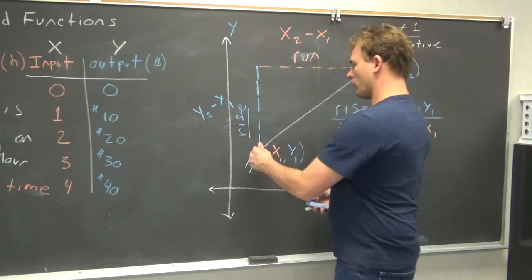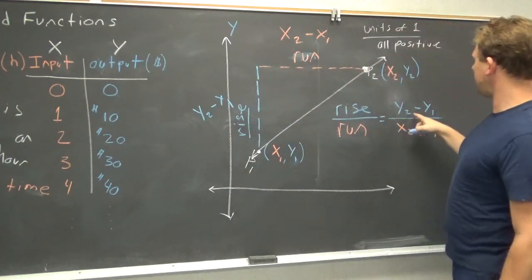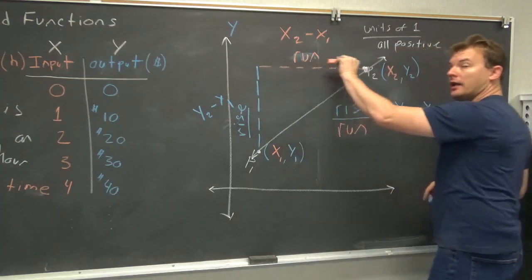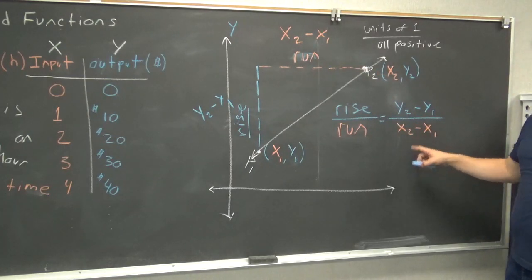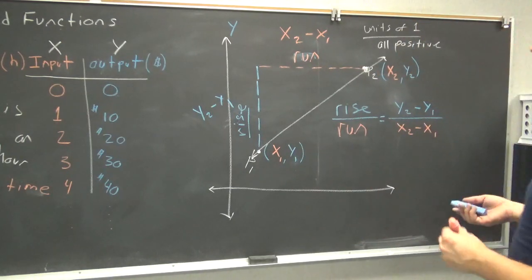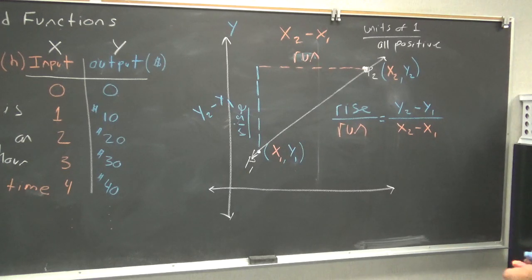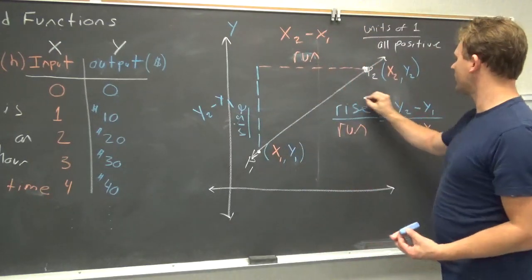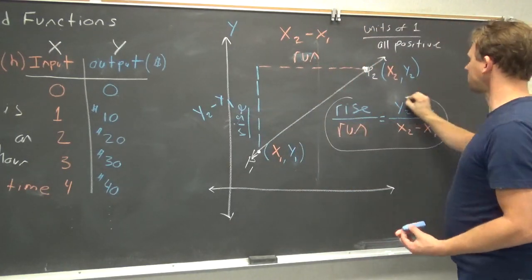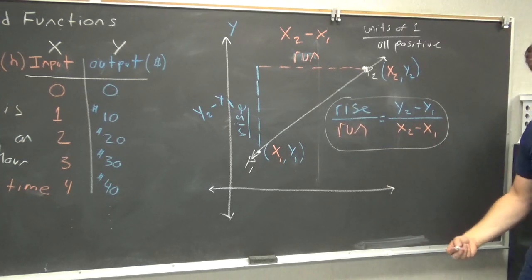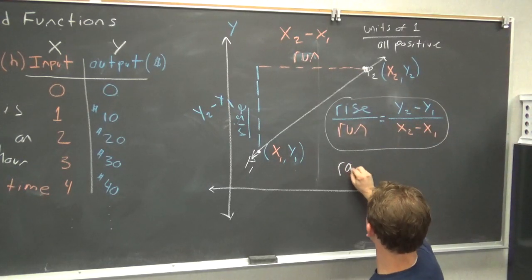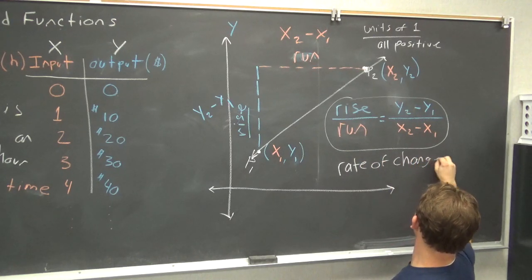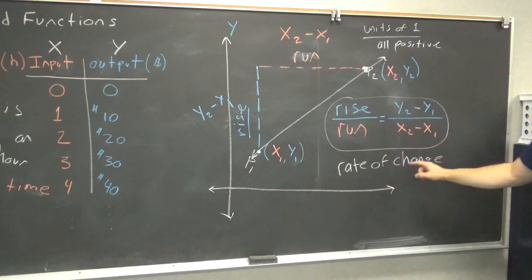So I'm rising here, only using the y's, and then I'm going to run and only use the x's. And this is what we call this formula, or this equation that we really developed in our theory. We develop what we call the rate of change. This is what we call the rate of change.